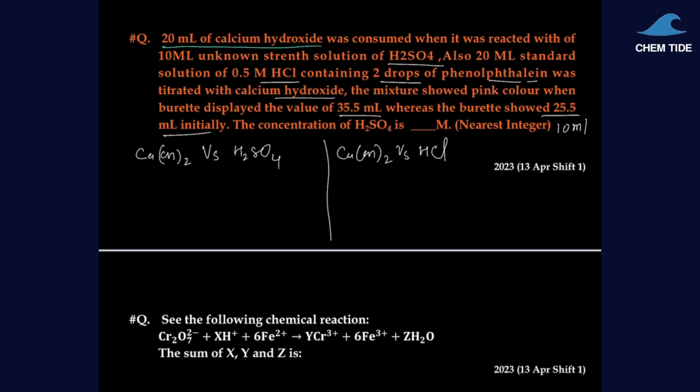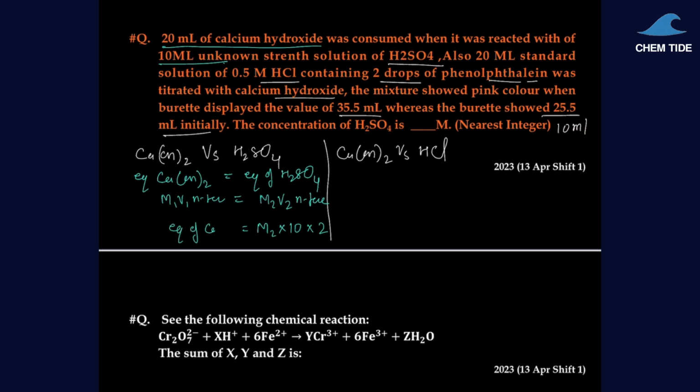So I can use that the equivalent moles of calcium hydroxide would be equal to the equivalent moles of H2SO4. M1V1 N factor is equal to M2V2 N factor. So that should be 20 ml calcium hydroxide reacted with 10 ml of unknown strength, N factor 2, and it should be the equivalent of calcium hydroxide.